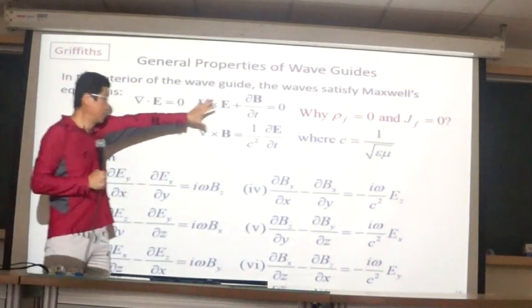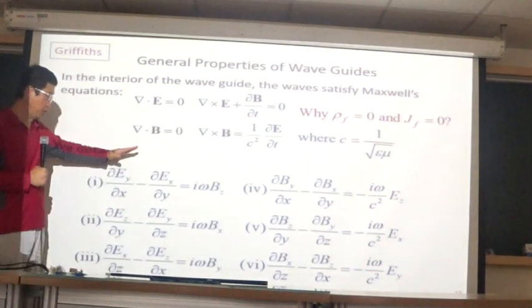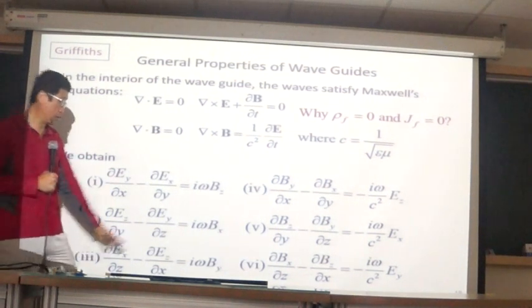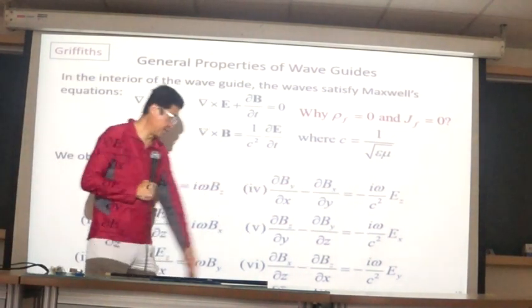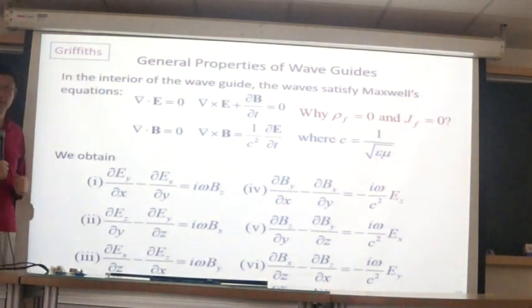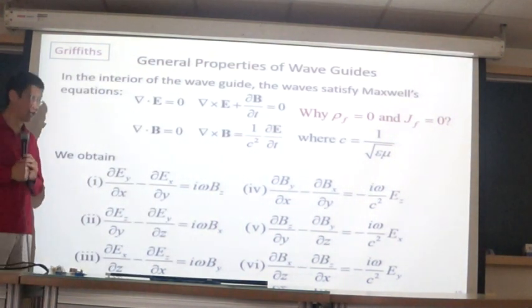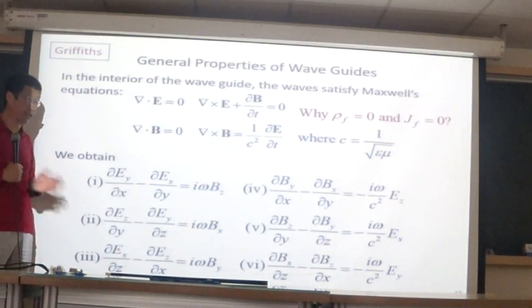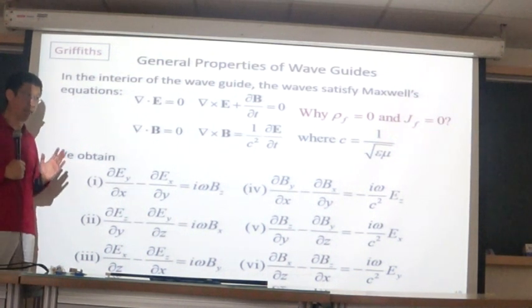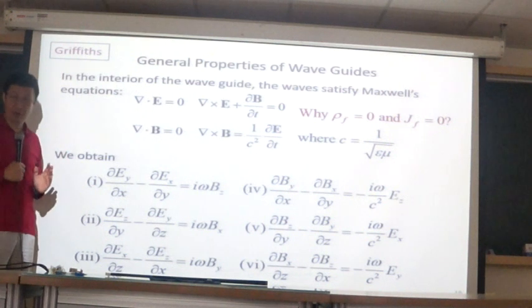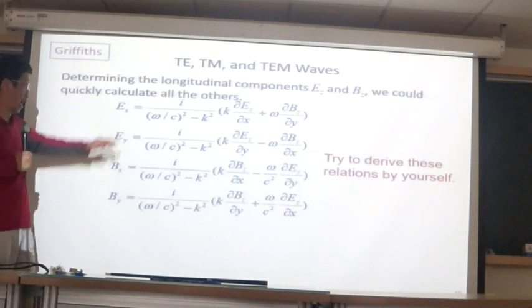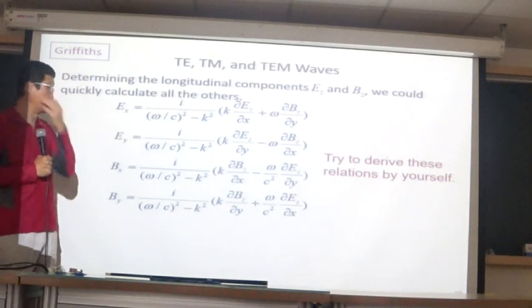Okay, so these two can be rewritten into 6 equations. 1, 2, 3, 4, 5, 6. Six equations. Next step is, since we have the ability to calculate the z components, Ez and Bz, next is to derive the other components from the z components.